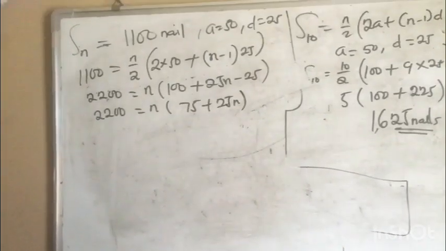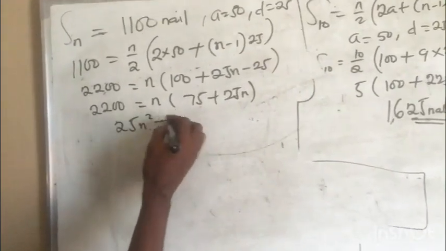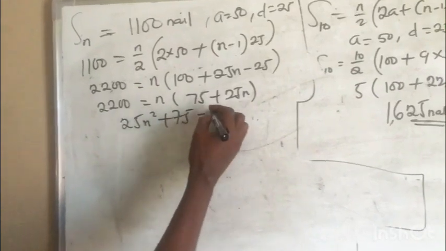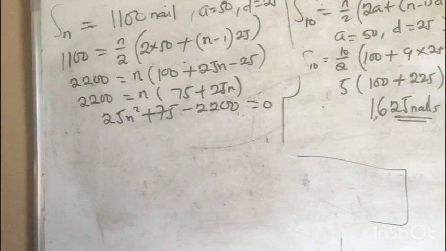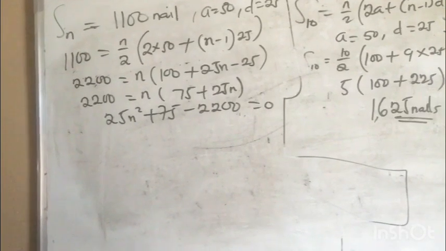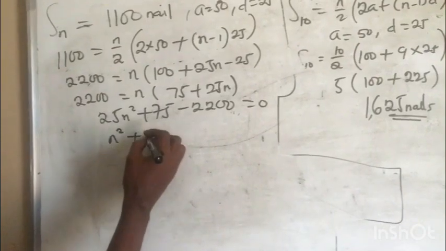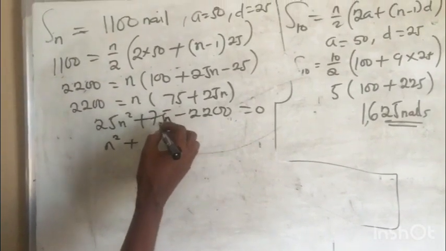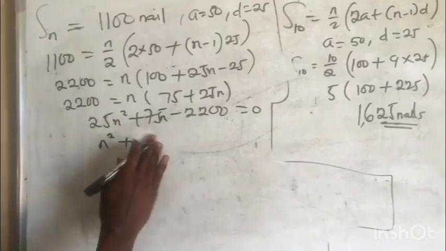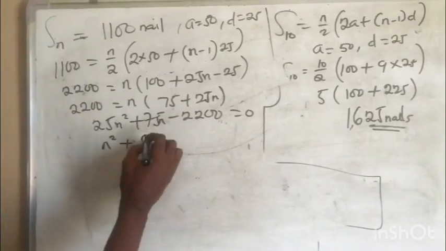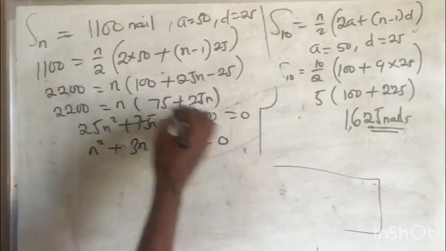If I open the bracket with N, that means I will have 25N squared plus 75N minus 2200 equals 0. This leads us to a quadratic equation. If I divide through by 25, then I have N squared plus 3N minus 88 equals 0.